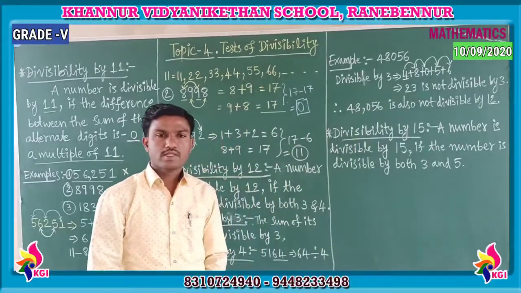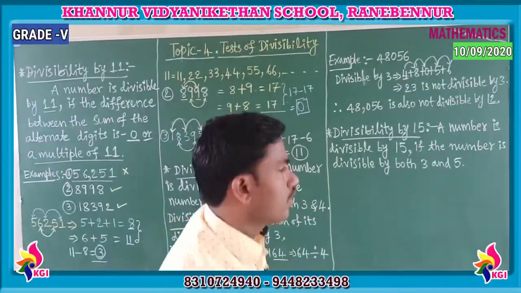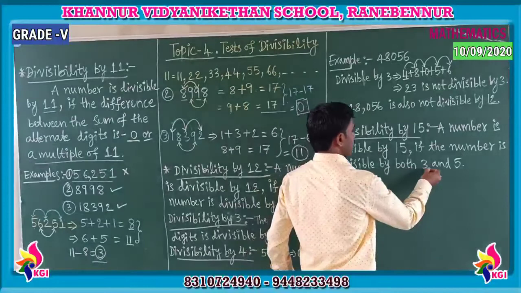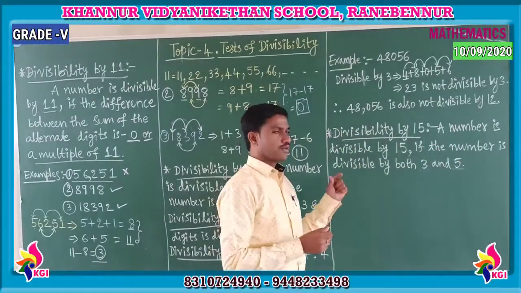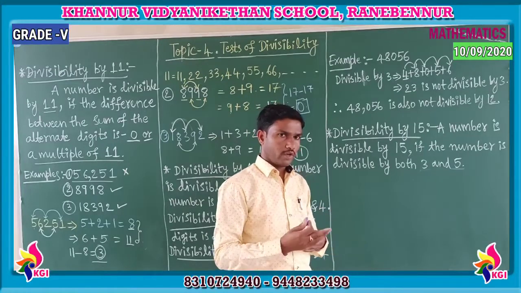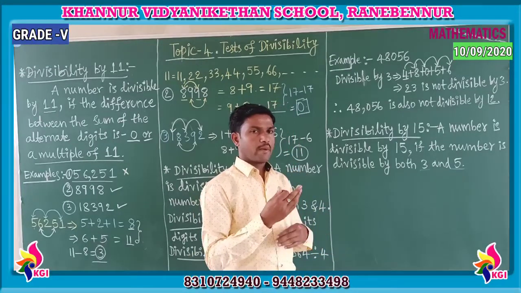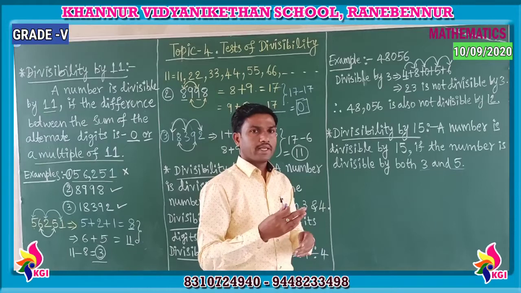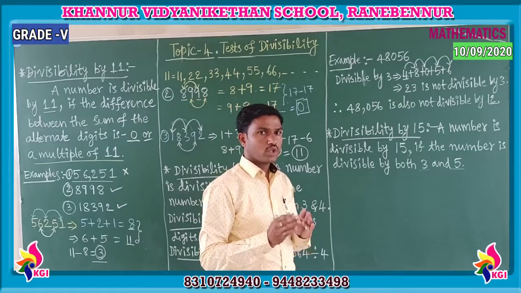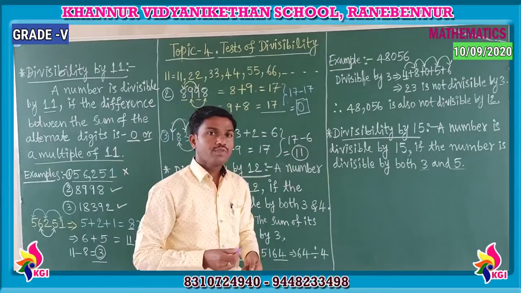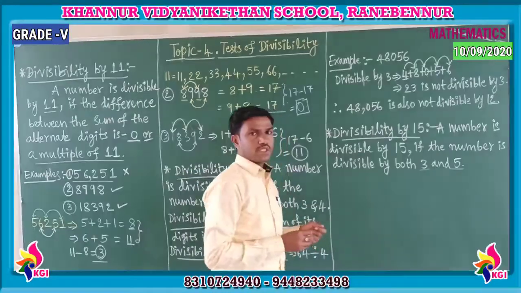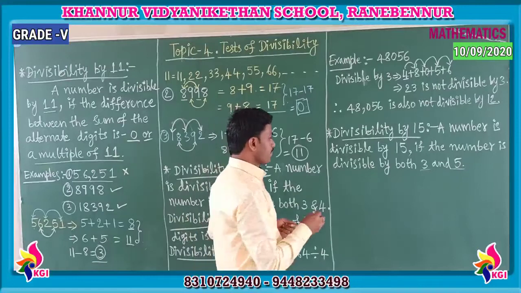If for any number it is not divisible by 3, or it is not divisible by 5, then totally we can say that number is also not divisible by 15. We will study it through one example.